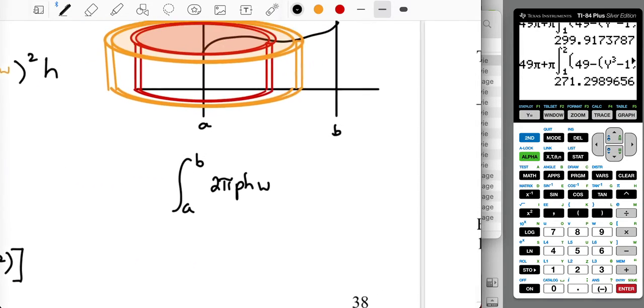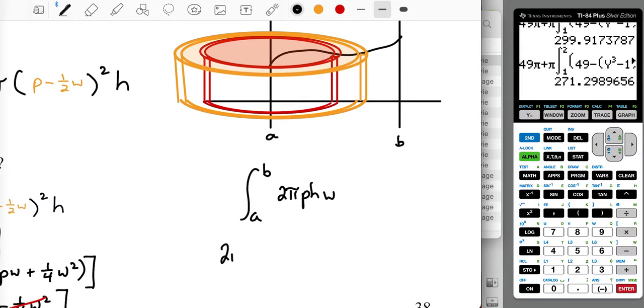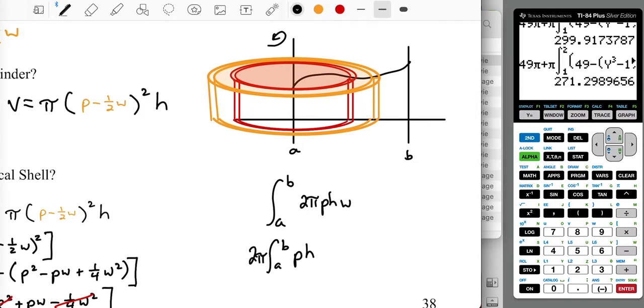That 2 pi is a constant multiple, so it can come out of the integral. The H is going to be the height of the rectangle. The P is the distance from the center of the rectangle to the axis of revolution.